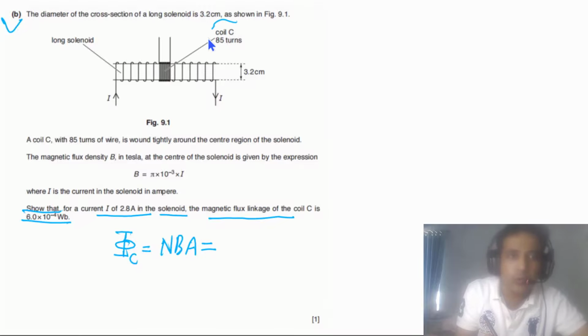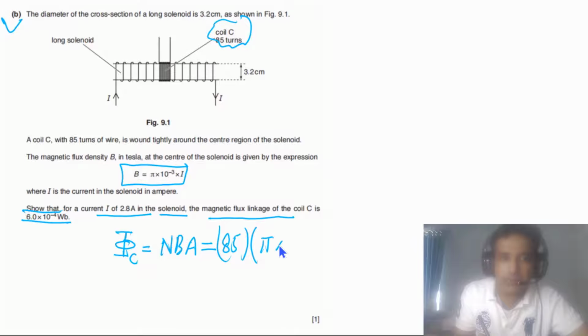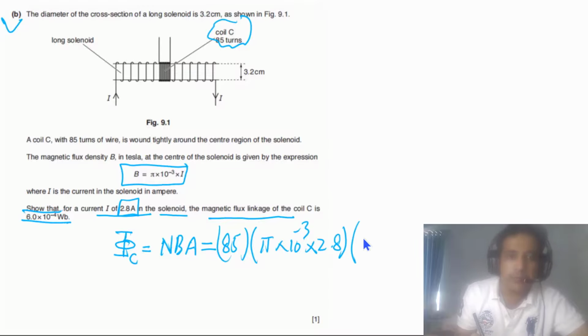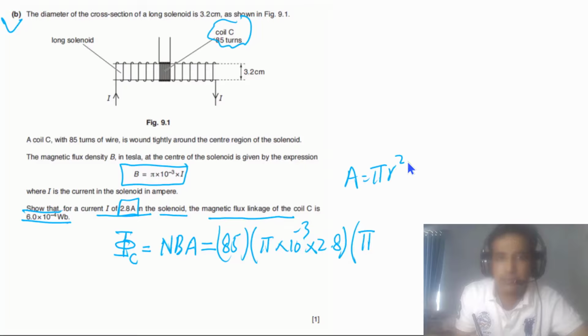Number of turns of coil C we have, that is equal to 85, and B here is pi times 10 to minus 3 times I. Current is equal to 2.8 amps. Now we need to multiply with area. Area will be equal to pi times R squared.